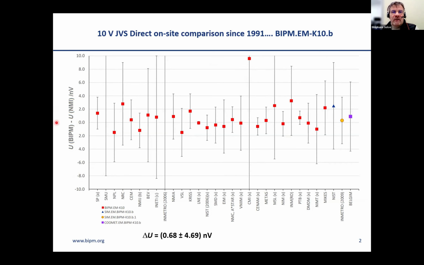If you take the value of the red squares on the graph, you will have a mean value of 0.68 nanovolts. And if you combine all the uncertainties, the total combined uncertainty of this comparison would be around 5 nanovolts. So this is a relative agreement of 7 parts in 10 to the 11 among 25 participants.